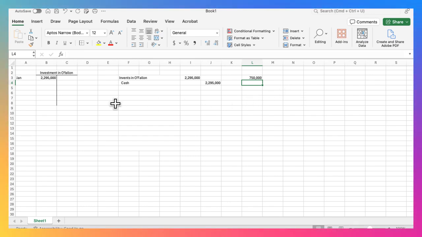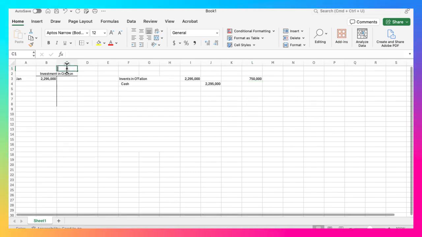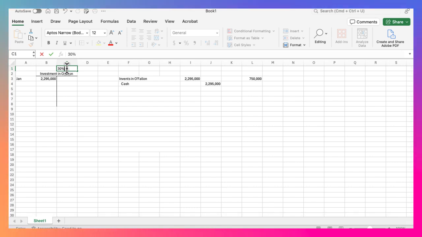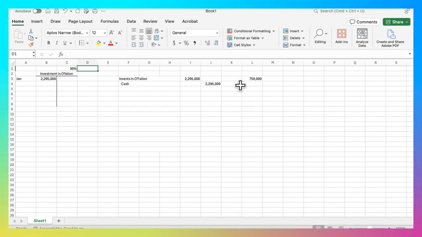Okay. Well, remember, Belleville's investment is 30%, right? We own 30% of O'Fallon's outstanding stock. That means that we're entitled to 30% of O'Fallon's net income, right?